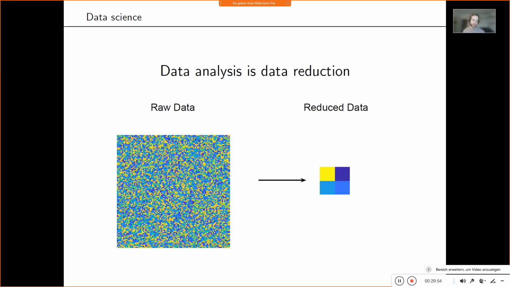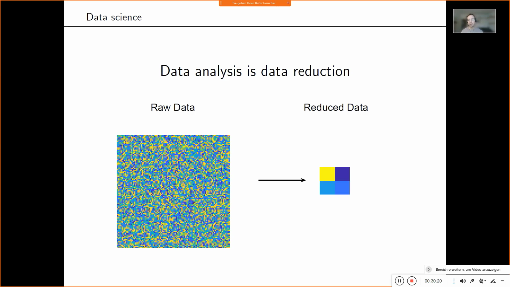Think of medical examples where you have many features that maybe refer to symptoms of participants who may or may not have COVID. In the end, you want to know, do they have COVID or not? So you get a binary variable, and you reduce this large information set to a reduced information set.